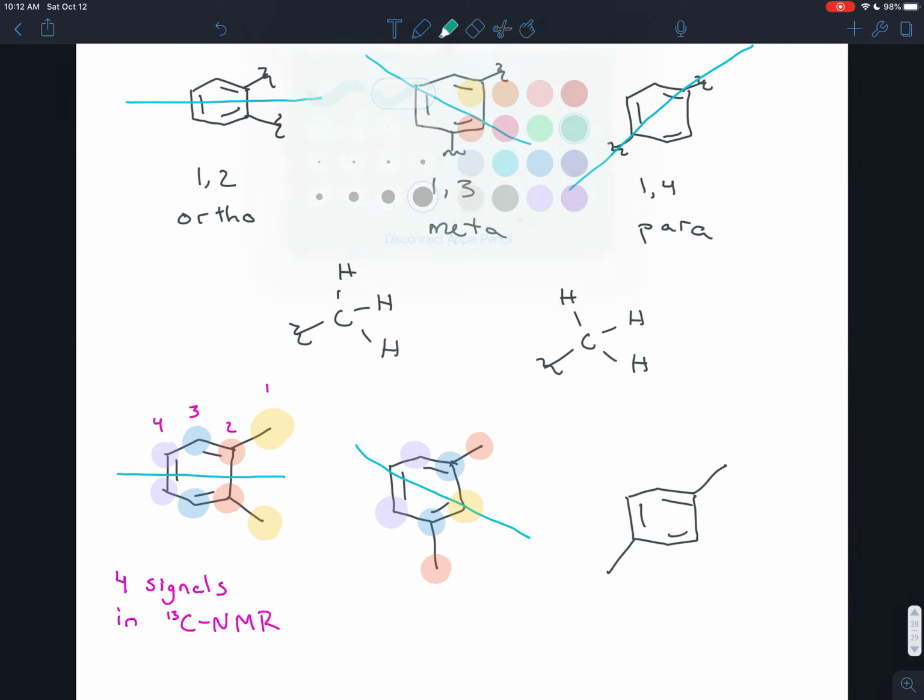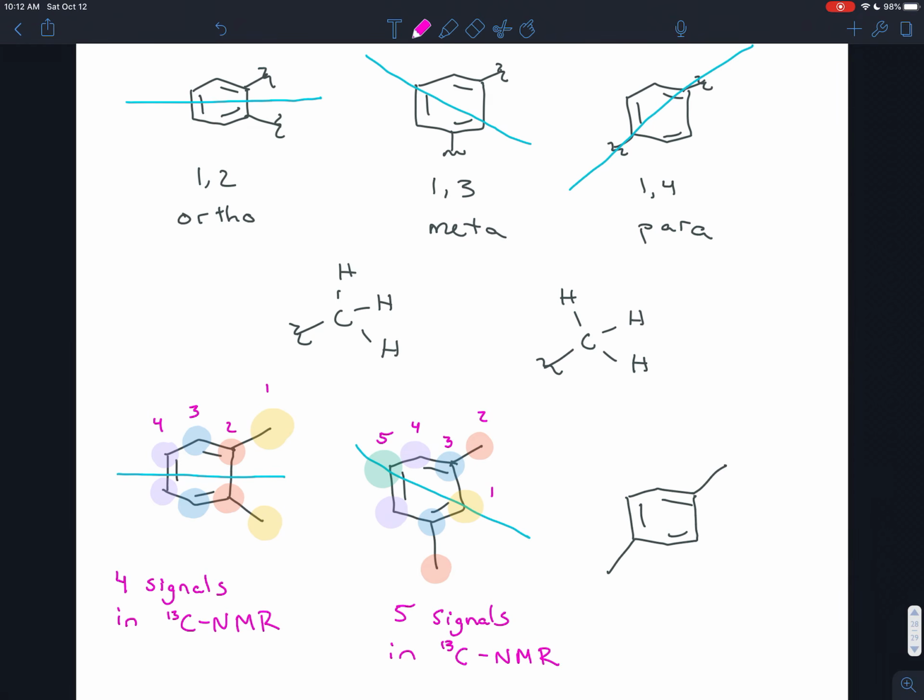You have a carbon that's 1 away from them, that's a 4th electronic environment, and then you have the carbon on the very end, which is a 5th electronic environment. So if you were to count up all the electronic environments for carbons in this molecule, you'd have 1, 2, 3, 4, 5. You have carbons in 5 different electronic environments. That would give you 5 signals in a carbon-13 NMR spectrum.